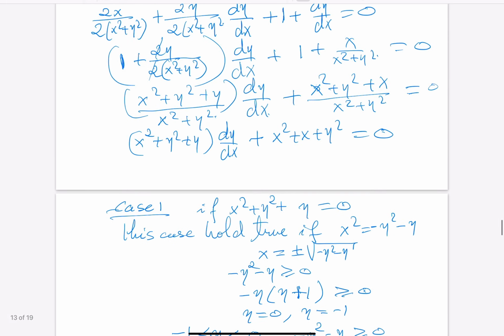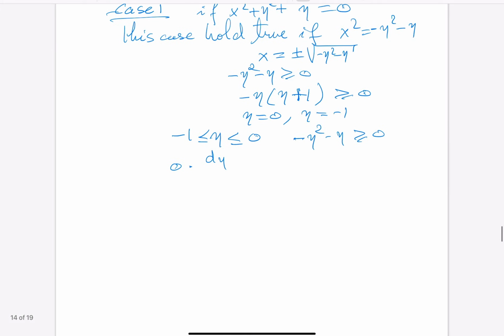If this one is 0, we have 0 times dy over dx is equal to negative x minus x squared minus y squared. Okay. Now let's put it in cases. In case we have this one equal to 0 and this one is non-zero.